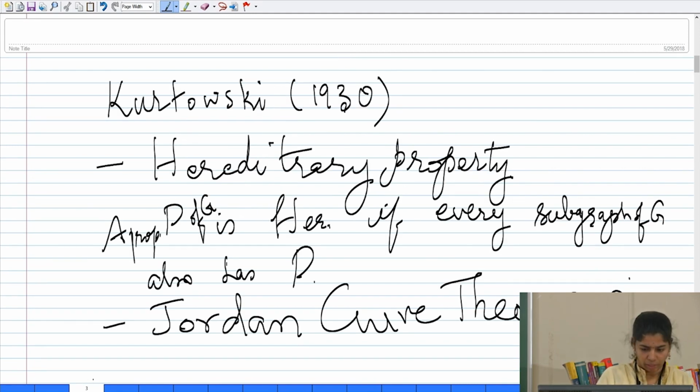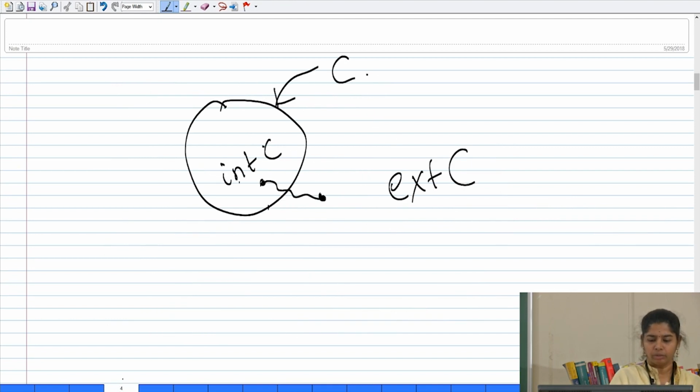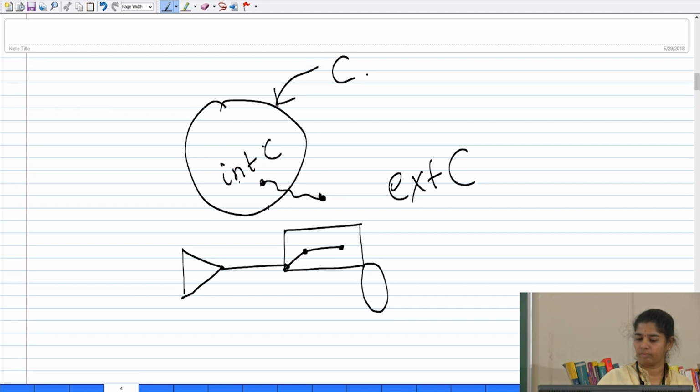So, coming to our problem here, let me just draw a graph. Every region here we will call a face. If there is a closed path, say this triangle, it divides my region into 2 parts, the interior and the exterior.